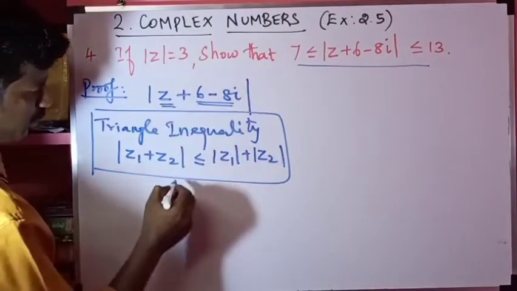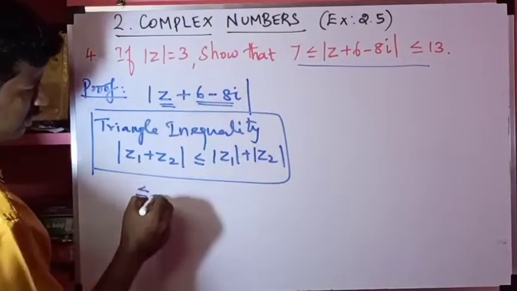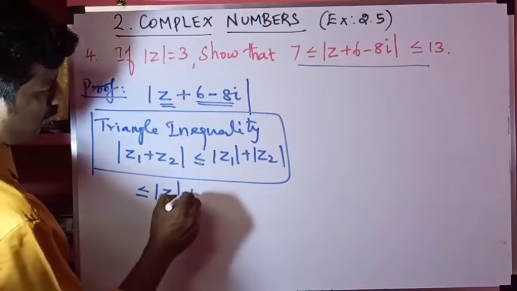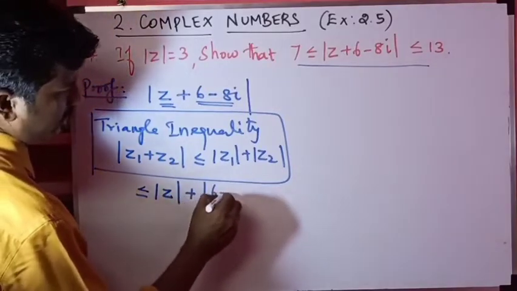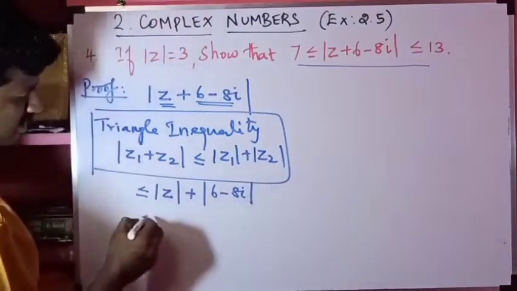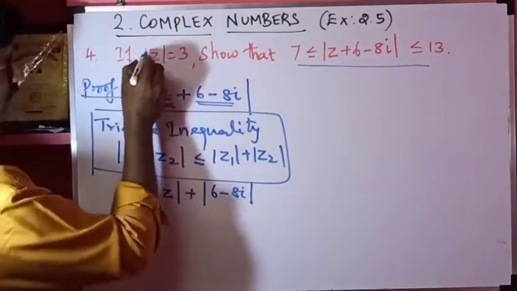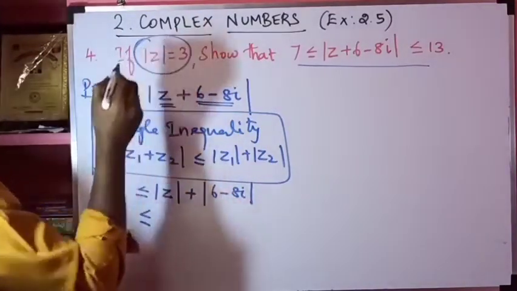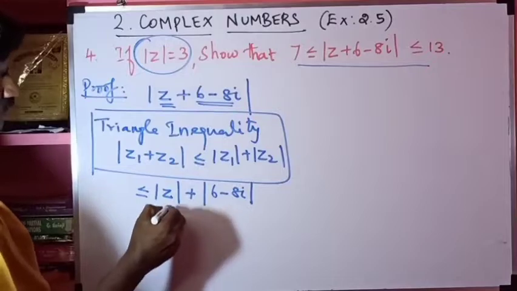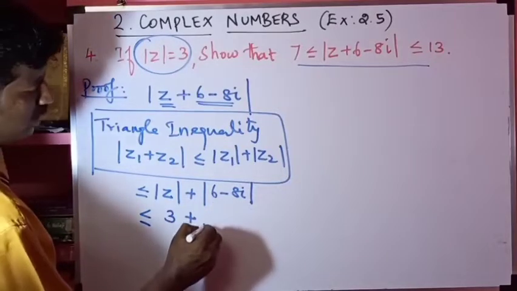So இதை பேஸ் பண்ணி which is less than or equal to modulus z plus modulus of 6 minus 8i, right? So modulus z is equal to 3 அப்படின்னு questionலயே கொடுத்திருக்கு இல்லையா? So this is 3 plus இது modulus எப்படி எழுதுவோம்?